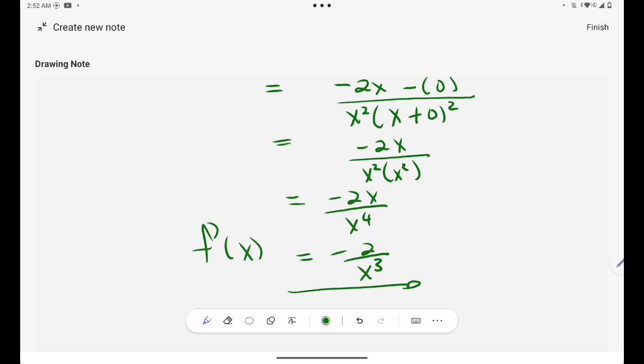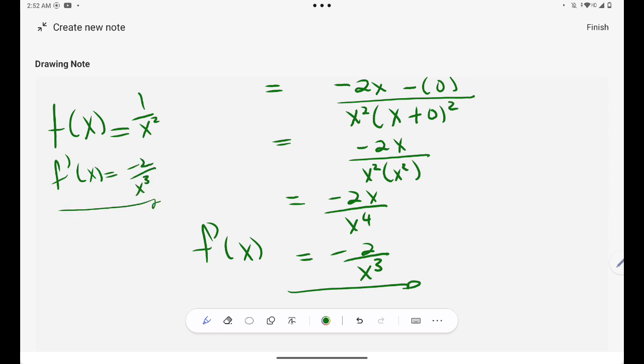Are you together? If f of x was 1 over x squared, my derivative will be negative 2 over x cubed. So that's how you find a derivative by using first principles. It's simple.